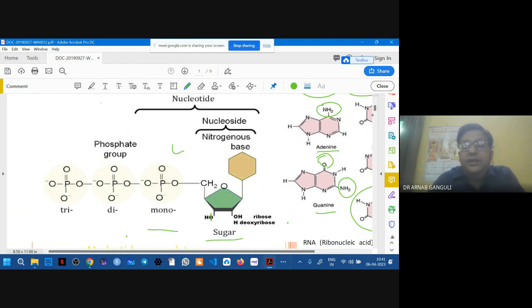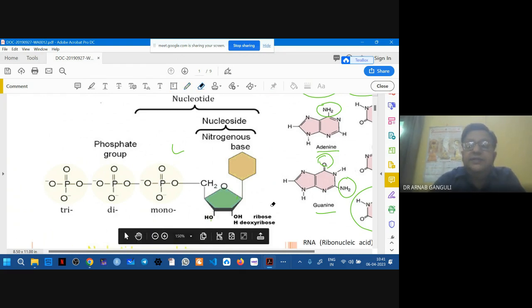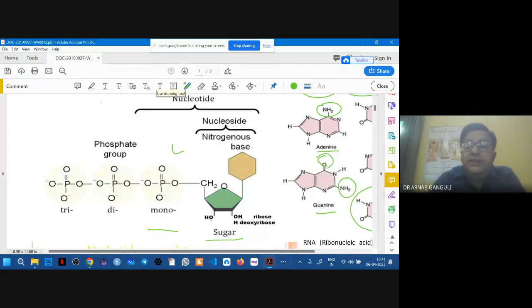Here is carbon 1, 2, 3, 4, 5. So it's a ribose sugar, but when at the 2 prime, instead of OH, there is only H present, then it is DNA, deoxyribose sugar.